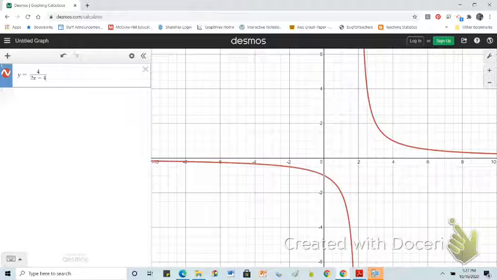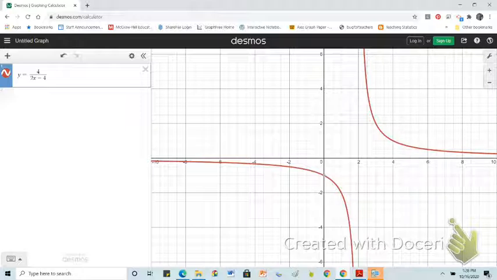If I click on it and hover, it's going to get me close to the value. So at -2, it is -0.5. If I look at some of the other information, at 1, it's at -2. So that would be enough points for me to go ahead and graph that bottom half.